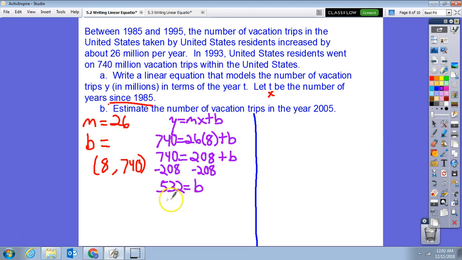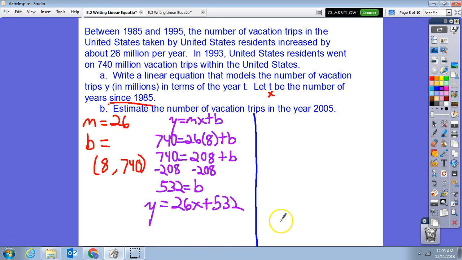But that is also, in real life problem here, the number of vacation trips, 532 million trips in 1985. That's what it really means. So my equation should be 26x plus 532. That's my equation.